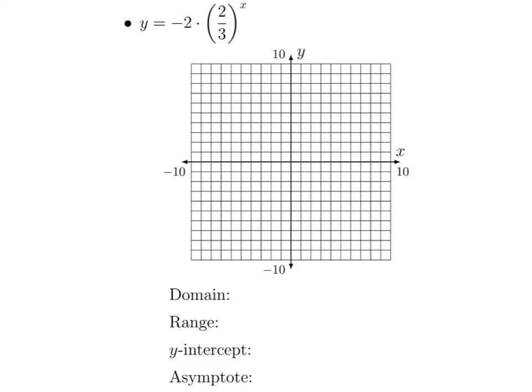Okay, now for the next one. -2 times 2/3 to the x. This one doesn't end in anything, so I added a +0. So the asymptote is, in fact, still on the x-axis.